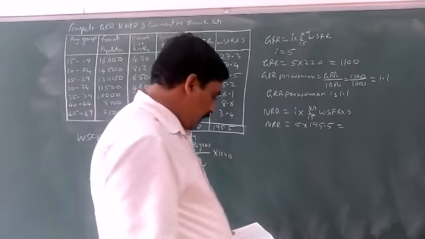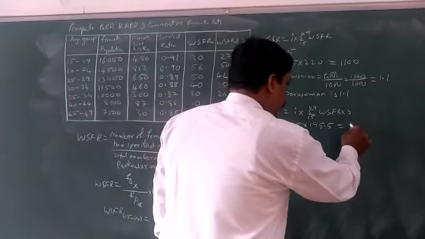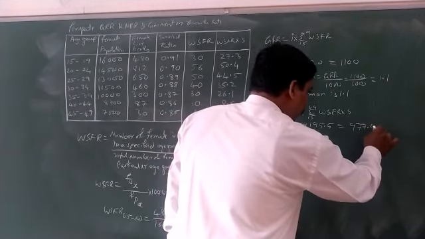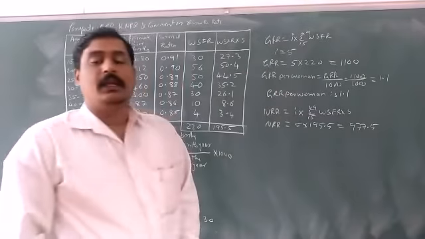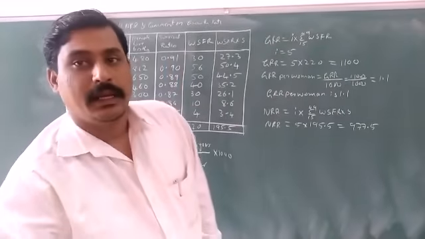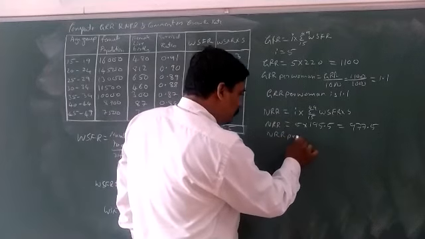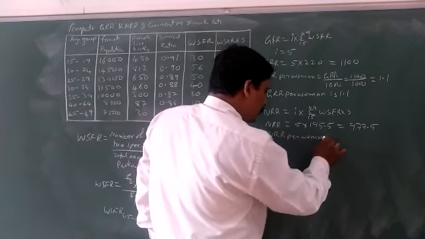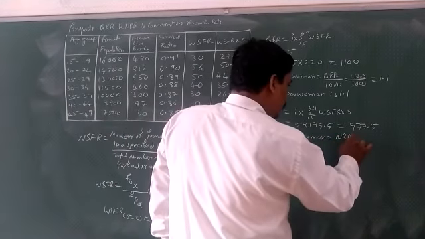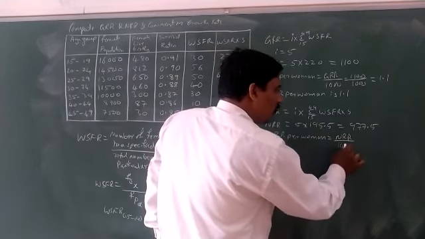We get 977.5. So NRR per woman is equal to NRR per 1000 divided by 1000.